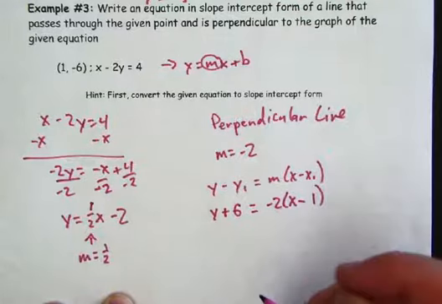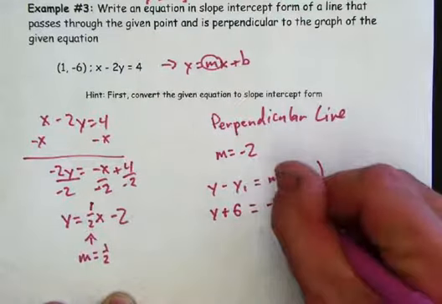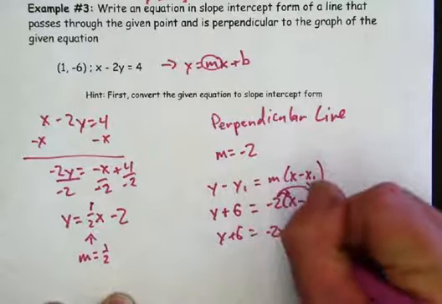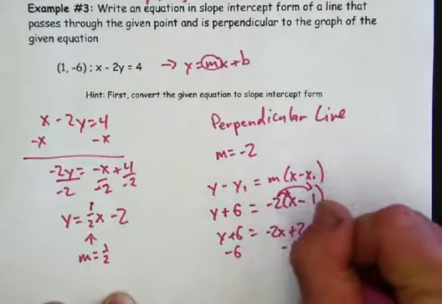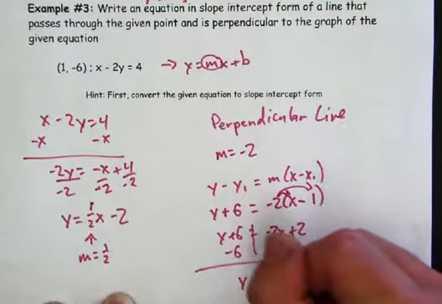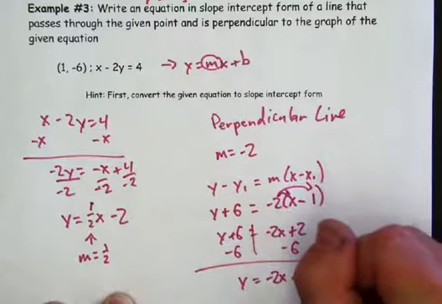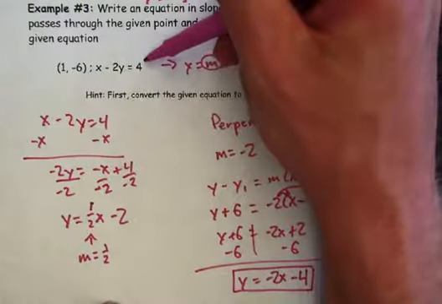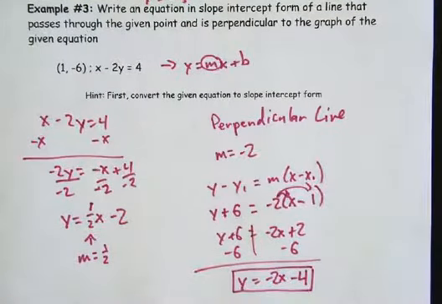Okay? Solve for y. Actually, let's distribute first. y plus 6 equals negative 2x plus 2. Subtract 6. y equals negative 2x minus 4. That is a line that is perpendicular to x minus 2y equals 4 and goes through (1, negative 6).